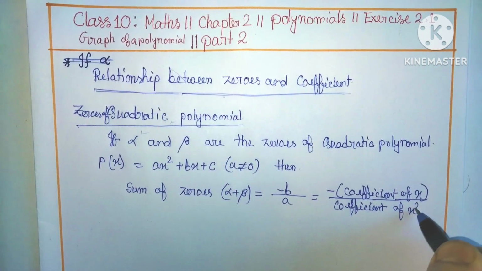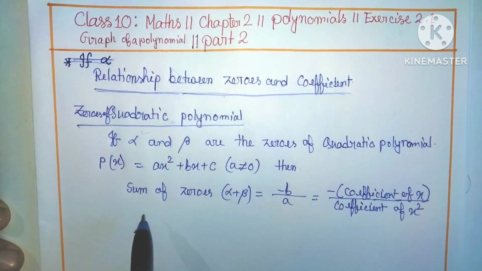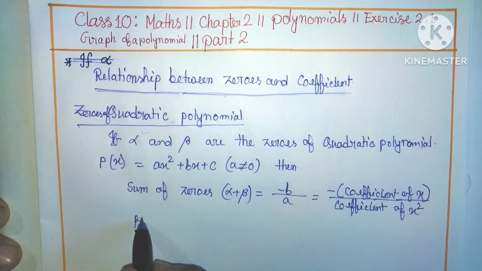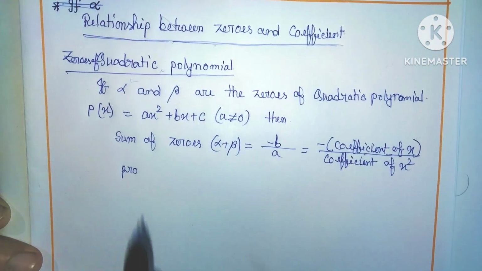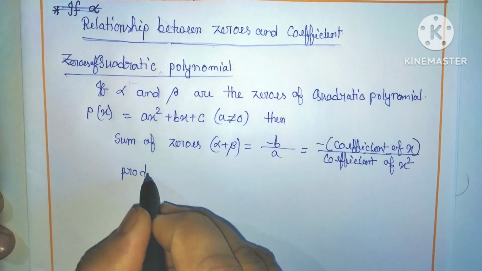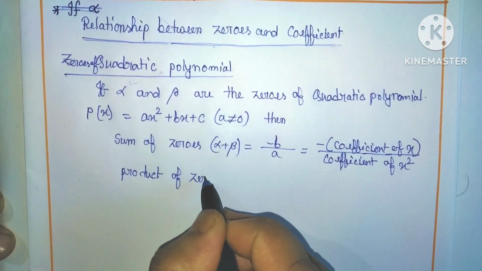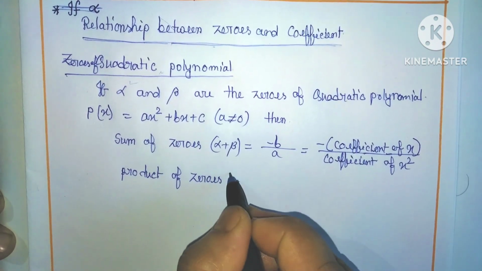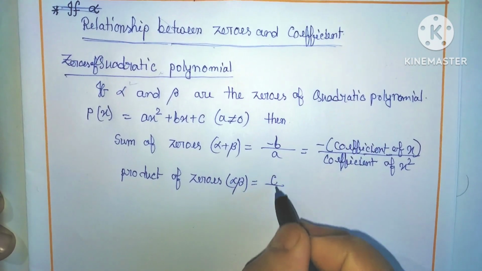Again, product of zeros. Product of zeros means alpha into beta equals c by a.